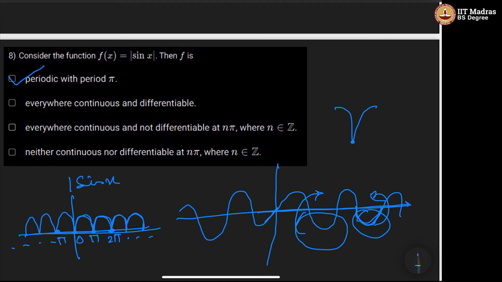So at any n pi, the function will not be differentiable. But the function is continuous everywhere, since we can draw the graph with a single drag of the pencil. So it is not everywhere continuous and differentiable, but it is everywhere continuous and not differentiable at n pi. So this option is correct and this is incorrect.